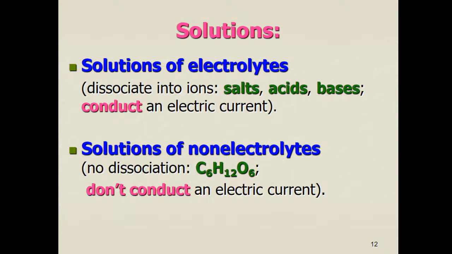Examples are salts, acids, bases. Some of the electrolytes are strong, some weak, some medium strong. Due to this, they can dissociate completely or partially, but they all conduct electricity. Non-electrolytes, even being very well soluble in water or other solvents, never dissociate, and that's why they don't conduct an electric current. The conductivity of this solution is the same as the conductivity of the solvent.